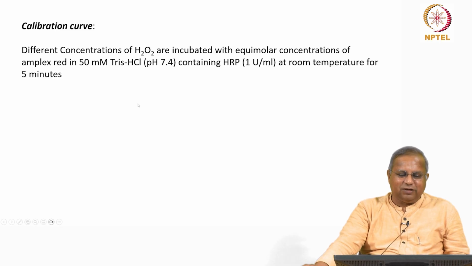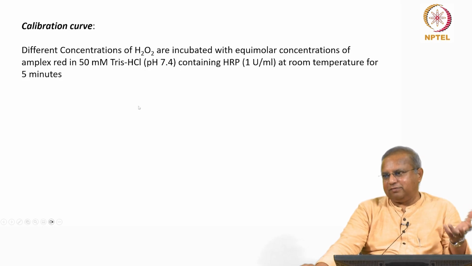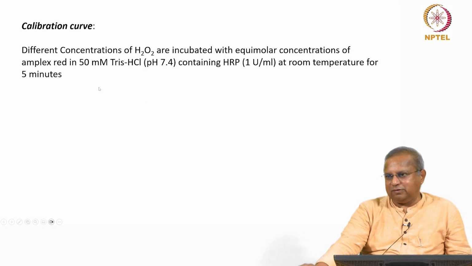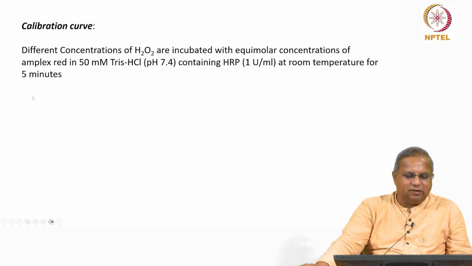So the calibration curve, of course, you need to generate with hydrogen peroxide of known values. So different concentrations of hydrogen peroxide, because you get standard hydrogen peroxide solutions, which are reliable. The reagent grade ones are reliable. Concentrations of hydrogen peroxide are incubated with equimolar concentrations of Amplex red in 50 millimolar Tris HCl buffer.